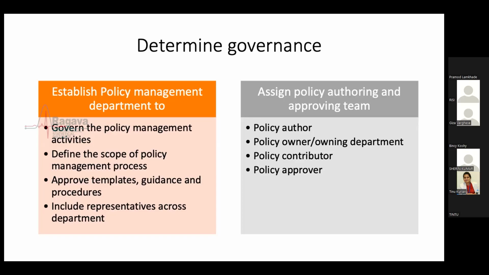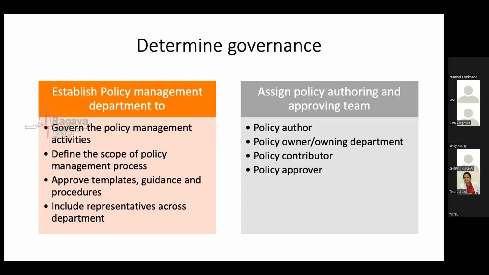There should be policy authors from different departments. There should be an owning department, right? But I would like to clarify one more thing. By establishing a policy department or policy management team, you cannot give them the responsibility to write policy on behalf of the different departments, because they may not have the expertise to write policy on behalf of a certain department, especially in a healthcare organization.